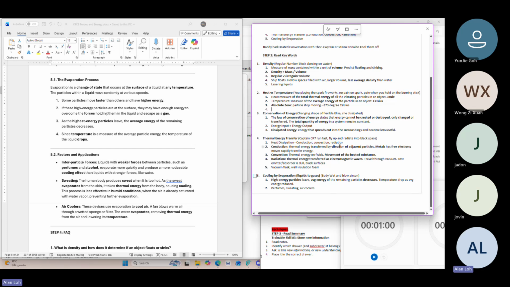It will help you to remember the 5 drawers. Yeah, Dad has a heated conversation with Thor. Captain Cristiano Ronaldo cools them off. Yes. Jovin, can you tell me the name of the drawer from 1 to 5?